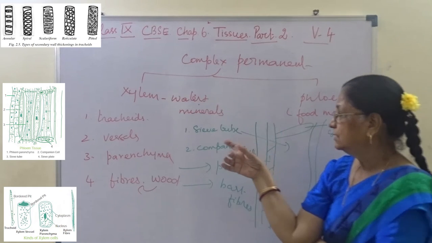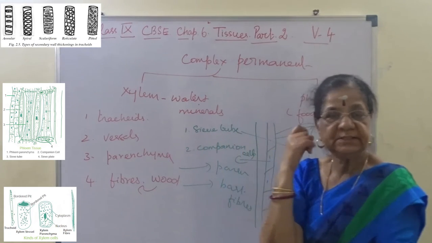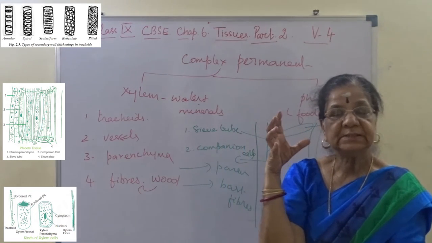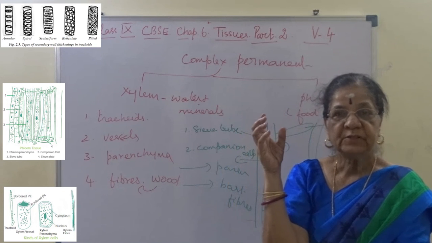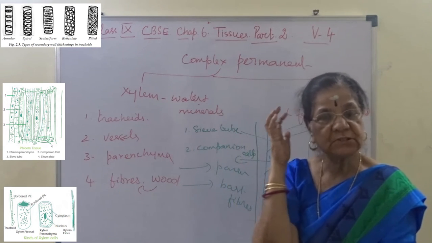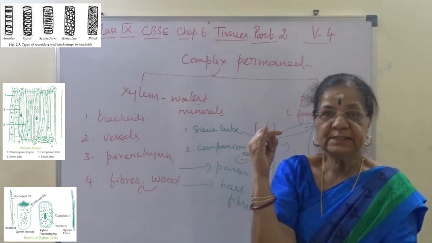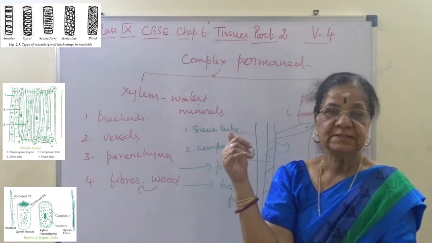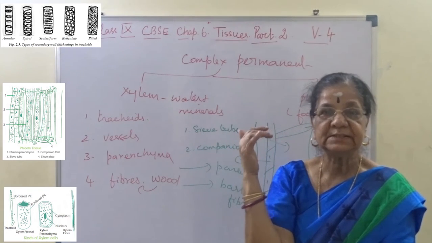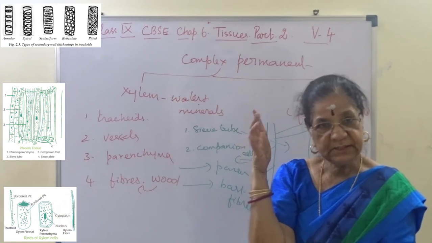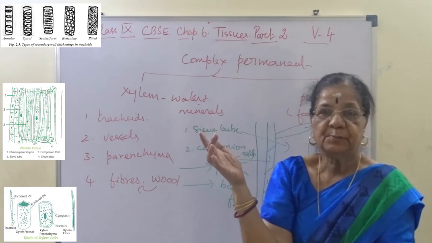In the same way in xylem, tracheids will be present in gymnosperms, non-flowering plants, pteridophytes and gymnosperms. The tracheids will be present, vessels are absent, whereas in angiosperms, tracheids and vessels will be present.